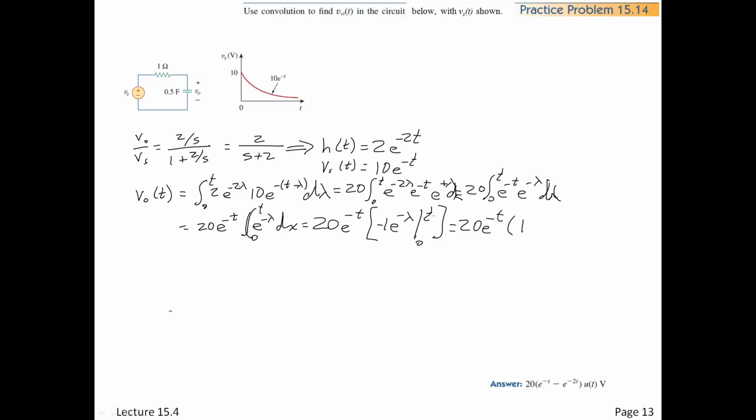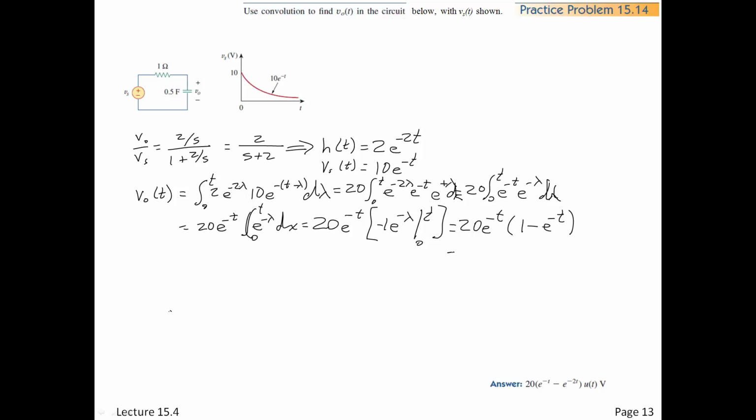So now we're at 20 e to the minus t times the upper limit and the lower limit, which is 0. The minus 1 becomes a plus 1 with e to the minus 0, so that's 1 minus e to the minus t. What does this come down to?